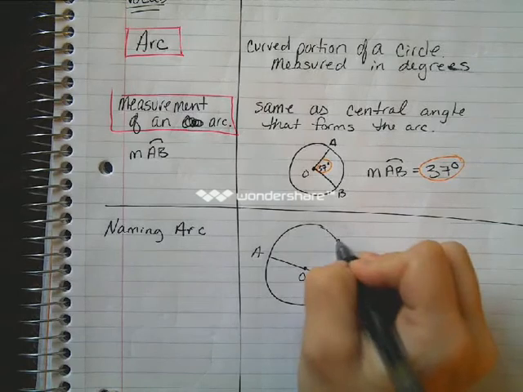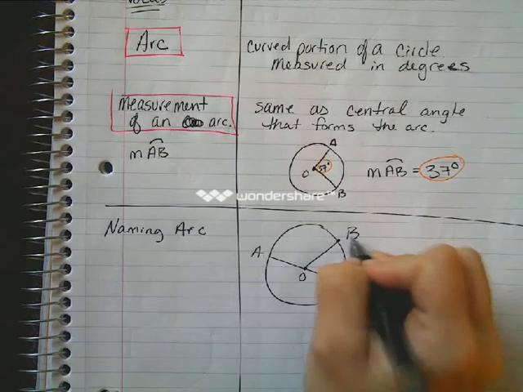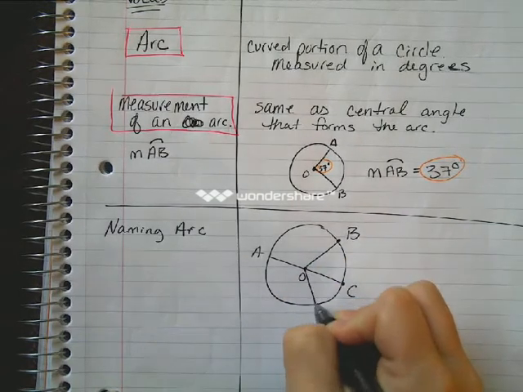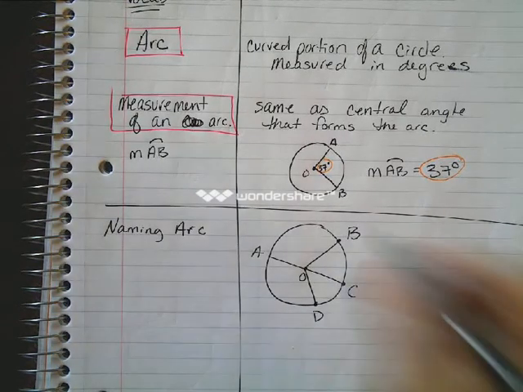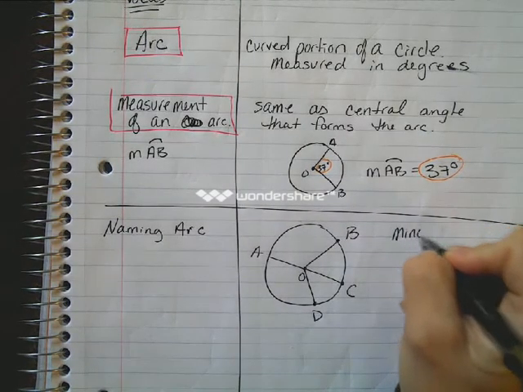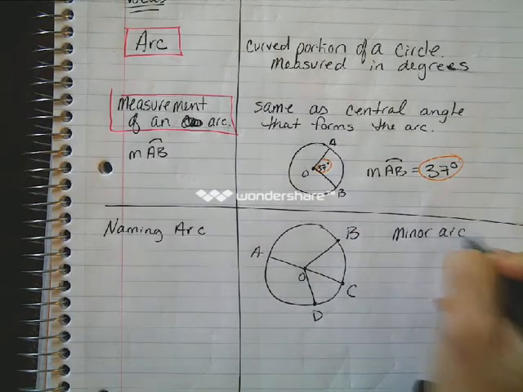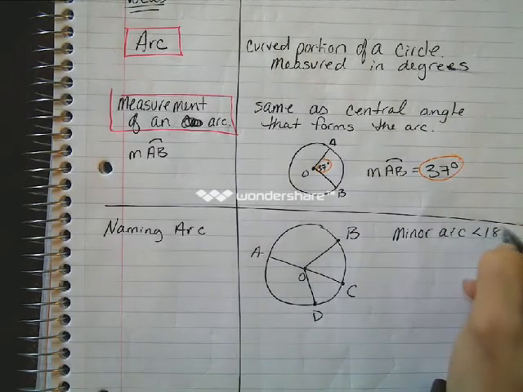And so if I have that circle and I have these arcs, a minor arc, again, is less than 180. Again, this is old vocab. But I didn't really talk that much about it last unit about how do we name this arc.